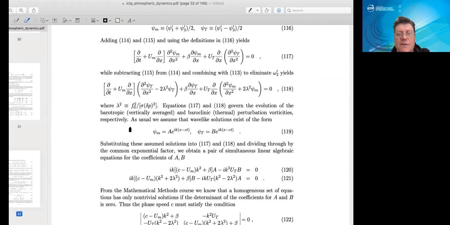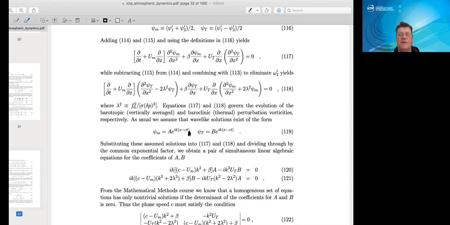Now we insert our Fourier components. We have a linear set, a homogeneous linear partial differential equation. This should be solved by sine and cosine functions again, where we assume that our waves that we try as solutions here can only propagate in the zonal direction, because in the meridional direction, we have defined our waves not to propagate.